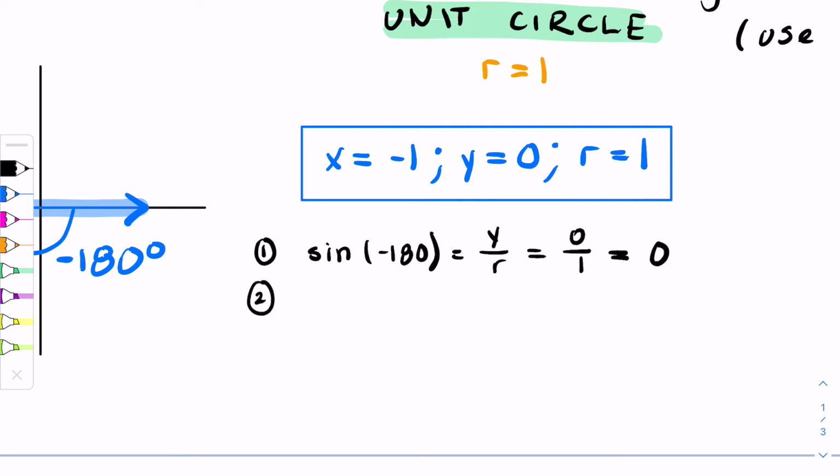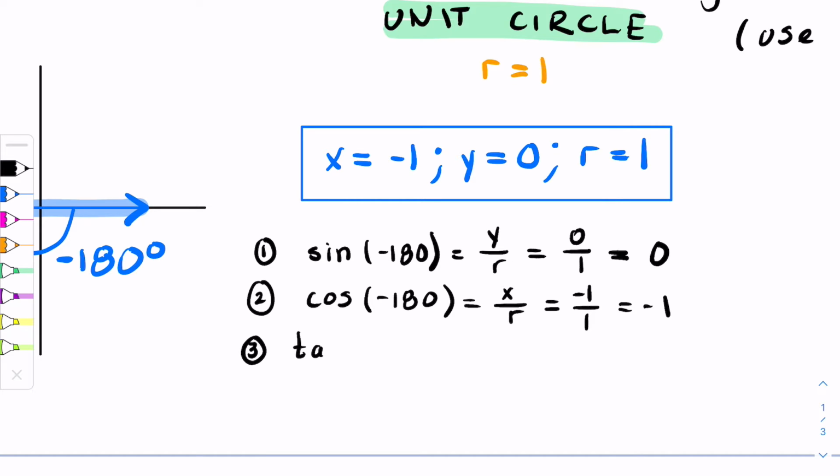The second value is cosine of negative 180, which is found by x over r, and that would be negative 1 over 1, which is negative 1. The next value is tangent of negative 180, which is y over x. This is 0 over negative 1, or 0.